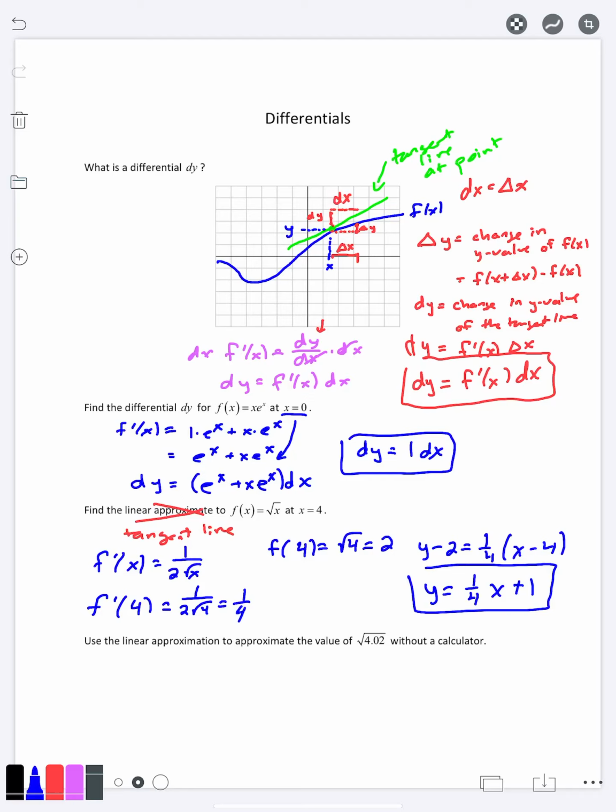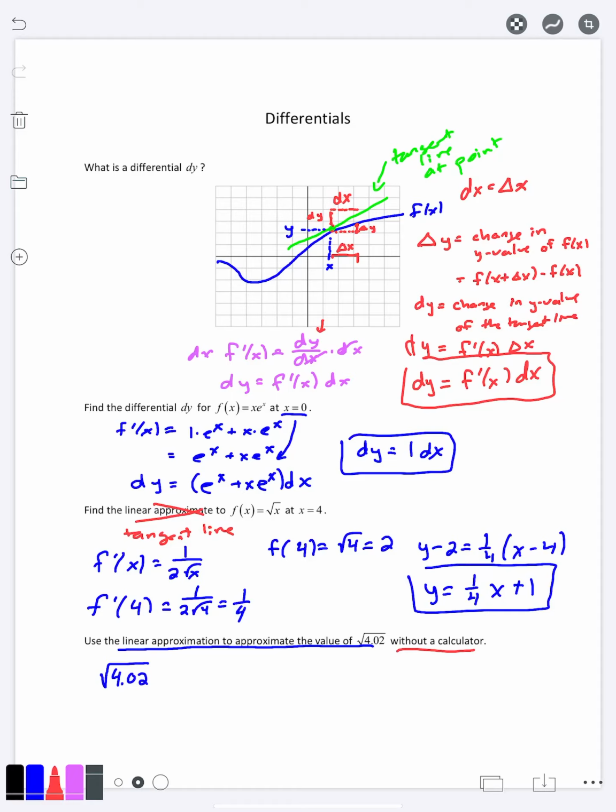Now, once you have the linear approximation, we want to approximate the value of the square root of 4.02. And notice the important thing here, it says without a calculator. It would be absolutely trivial for you to plug this into a calculator and get an answer, so we're trying to do this without that. Because we're not using a calculator, our answer is not going to be perfect.